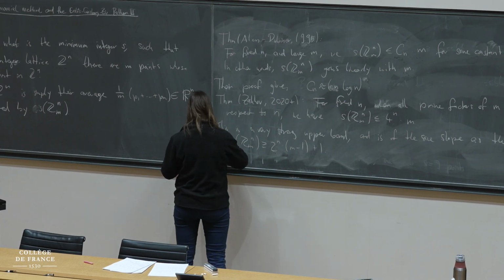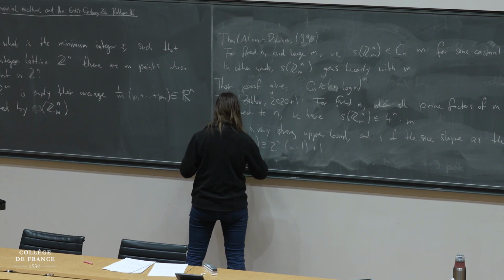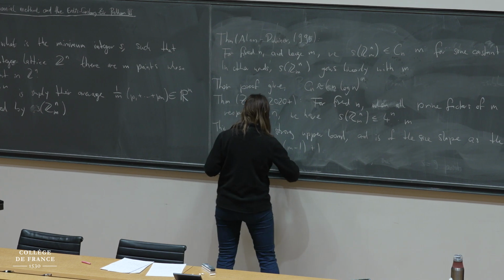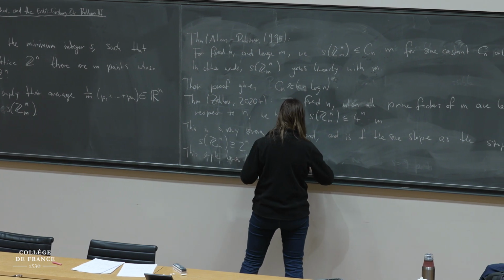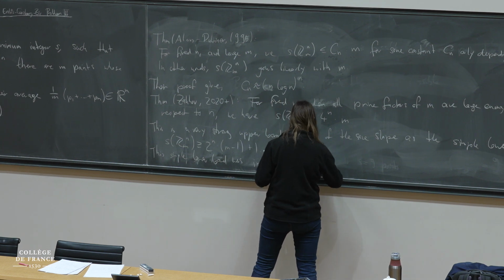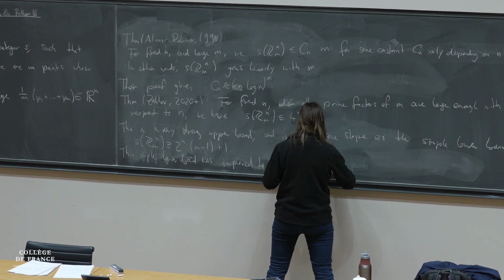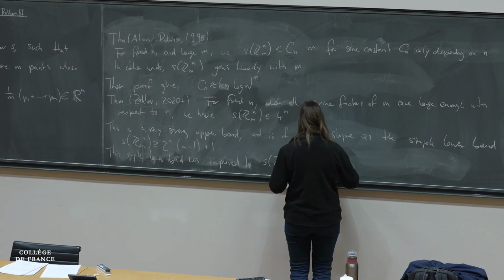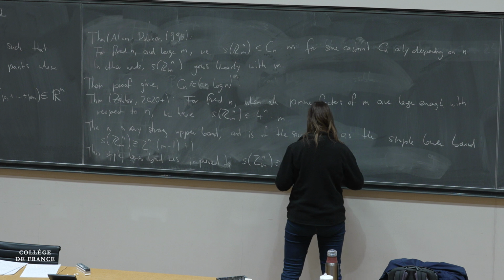So let me also state what the better lower bound was. So this simple lower bound was improved to: S of (Z modulo m)^n is at least (m minus 1) times 96^(n/6), rounded down.